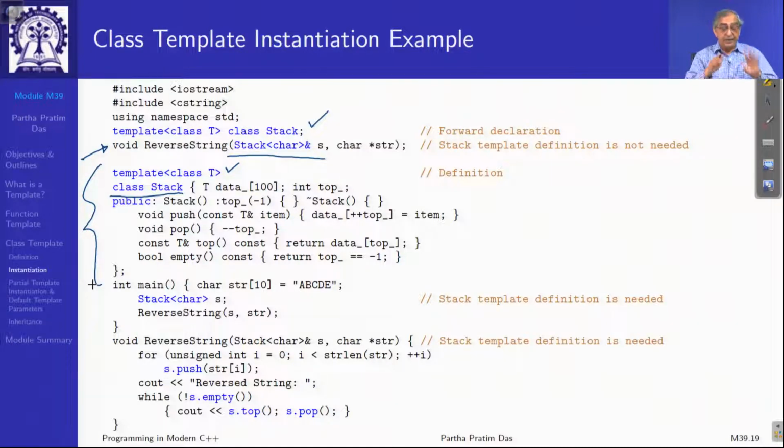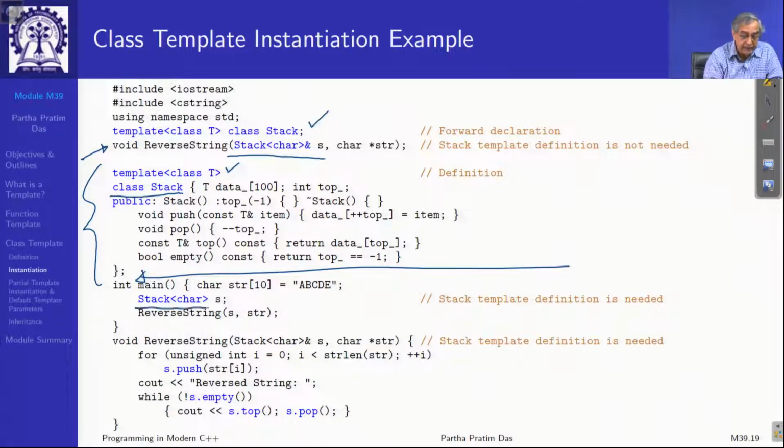Now, once I have provided the definition, from this point onwards, I can refer to it for defining pointer and reference, but additionally I can actually create objects for it. I can create the instantiation. So, I can create the instantiation here now, and it is going to require this definition which I have already provided.